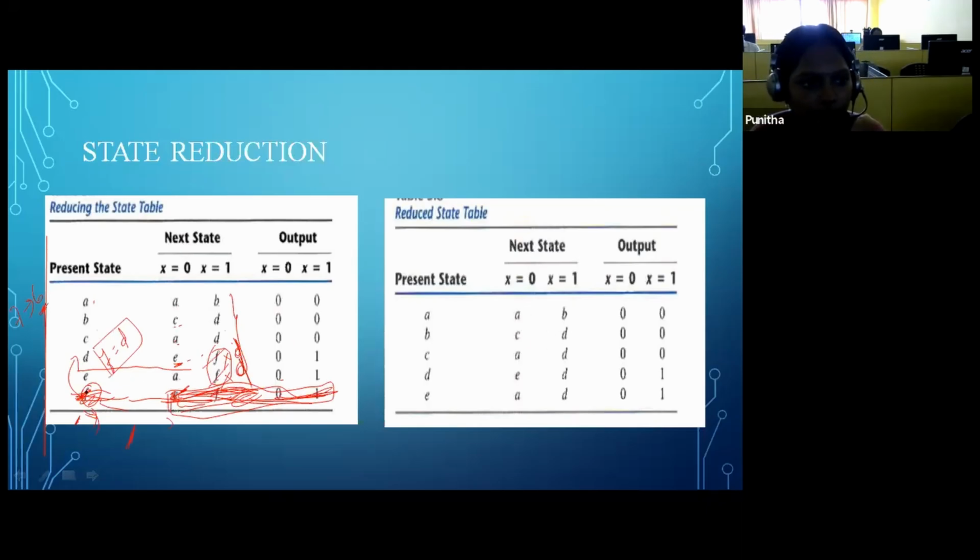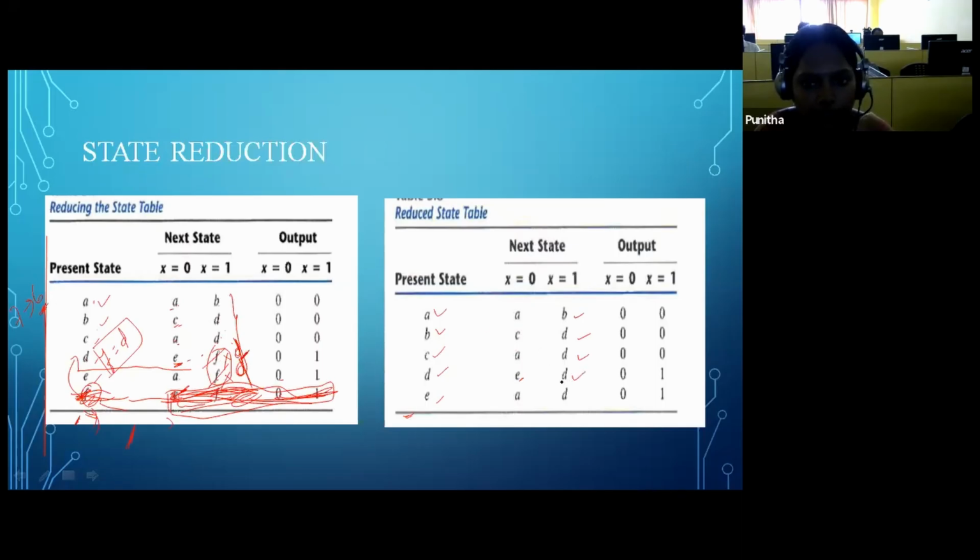After reduction and processing, I have written this here. What are my present states? A, B, C, D, E. Then AB, I have written AB; CD, I have written CD; AD, I have written AD; and E, I have written E. F should not come here; instead of F I need to write the D state here.